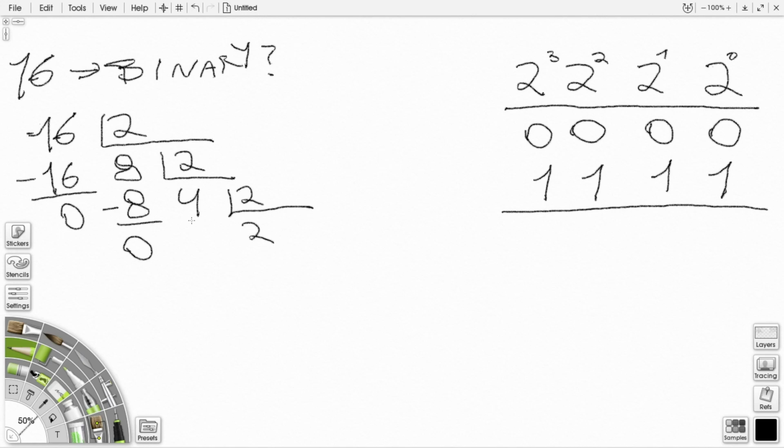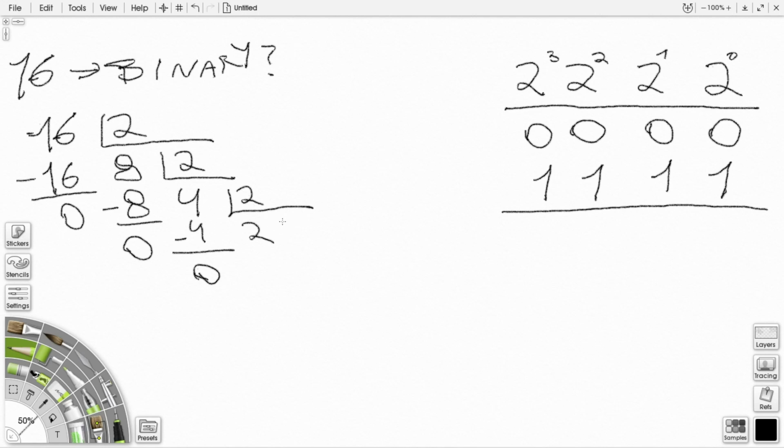So 2 times 2 is 4, remainder 0. So our answer in this calculation, when we divide 4 by 2, is 2.